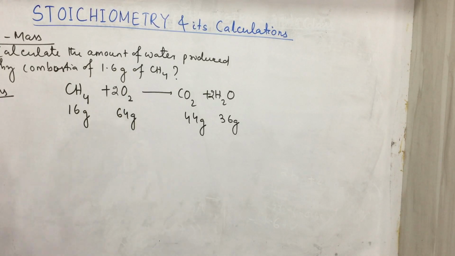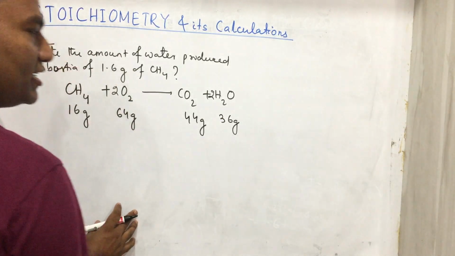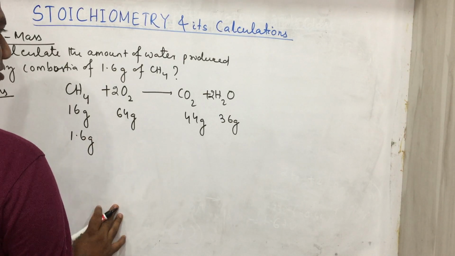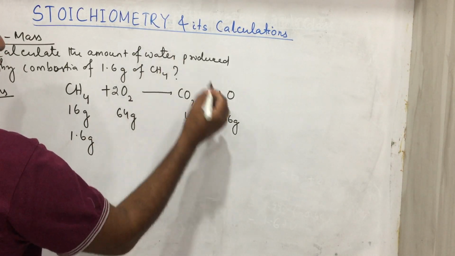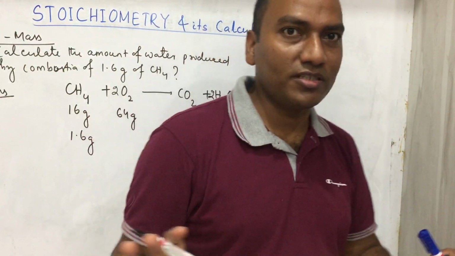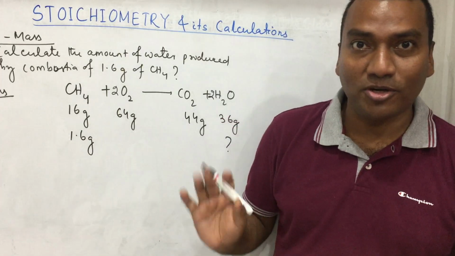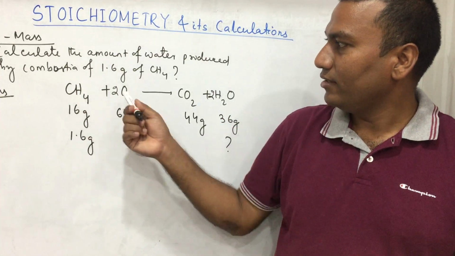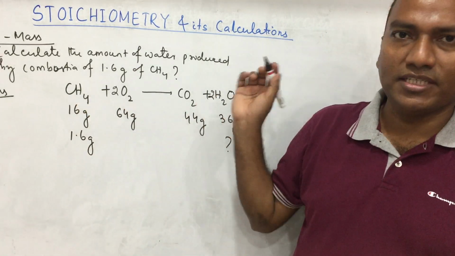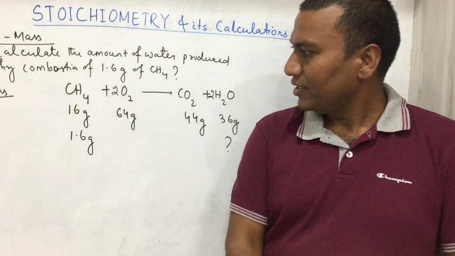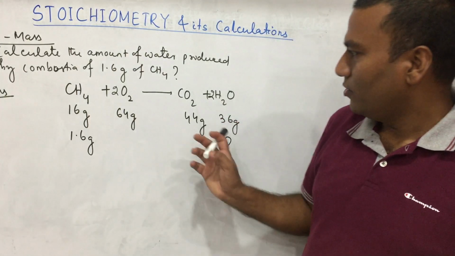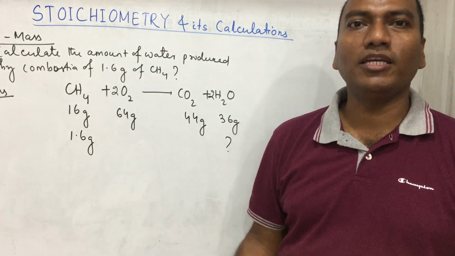Clear? Next, check which data is given in the question. The question gives 1.6 gram of methane burnt, how much water is produced. So in this format, if you write, you almost get the answer. Methane, oxygen, CO2, water, the molecular mass of each molecule we have written. So when methane is 1.6 gram, how much is water? We will solve by the unitary method.